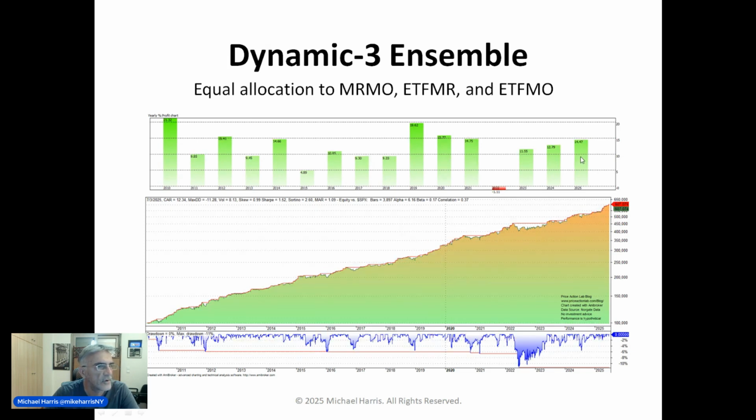Year to date, 14.5%, unleveraged, 12.3 annualized return, very low drawdown, 11.3%. Sharpe ratio is about 1.5, excellent Sharpe ratio, and beta is less than 0.2. So this is what you get when you combine these three strategies.